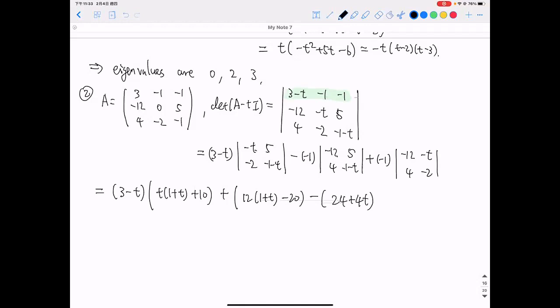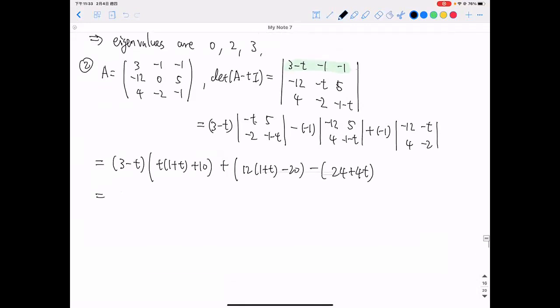Okay, and this is going to look complicated. Well, we have to do it. 3 minus t times t plus t squared plus 10, plus this is 12t plus 12 minus 20, so minus 8, minus 4t, plus 24.